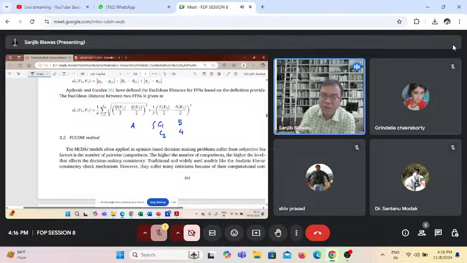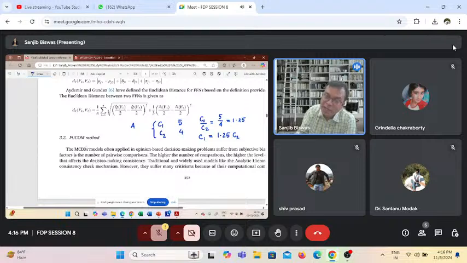If I compare them, how much is C1 greater than C2? That is 5 by 4, which equals 1.25 times. So C1 is 1.25 times more important than C2.